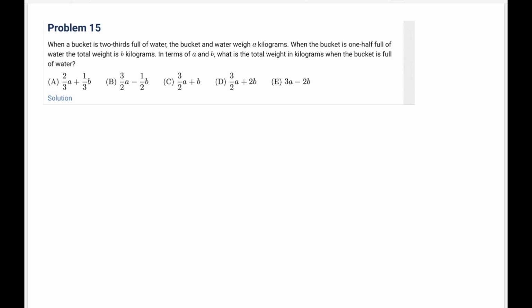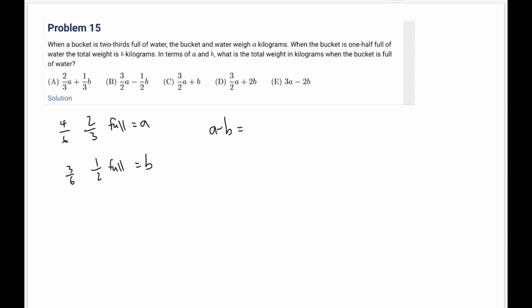Okay, so let's say that the bucket is 2/3 full of water. 2/3 full would be A, and then half full, 1/2, this would be B. So if we subtract these, then B minus A would equal, no, not B minus A. A minus B would equal, this is 4/6, 3/6.